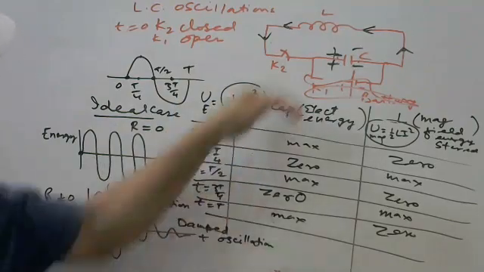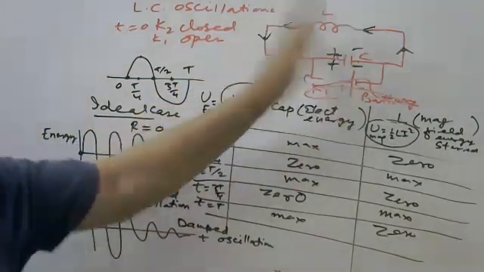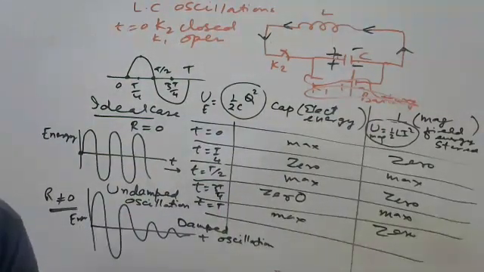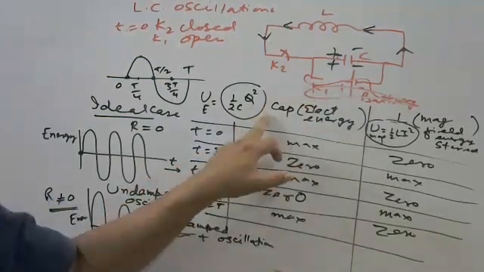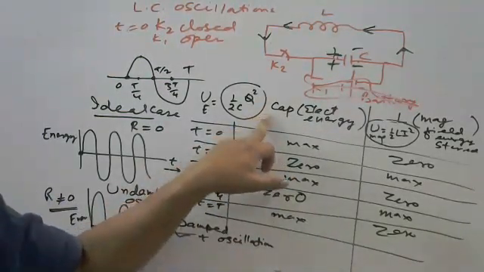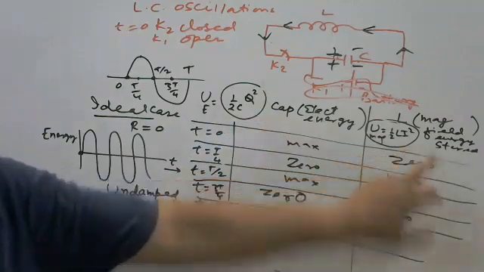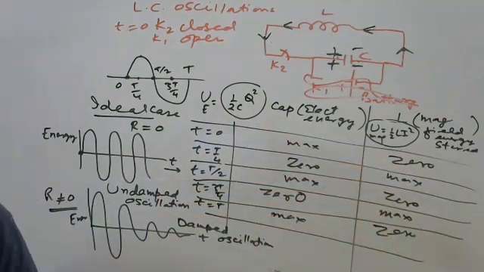This is the energy, maximum to minimum, minimum to maximum. It is called LC oscillations. The energy stored in the capacitor is given by the formula we derived yesterday: Q square by 2C, and for the magnetic field, 1 by 2 Li square.